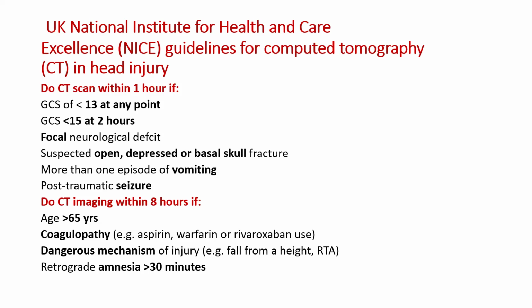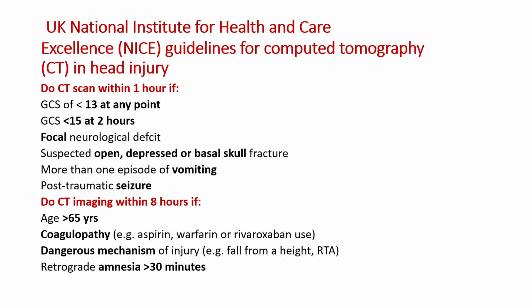So basically, when you find someone is an occupant in a vehicle in motion and is ejected out from that vehicle, or if he's a pedestrian and is struck by a vehicle.